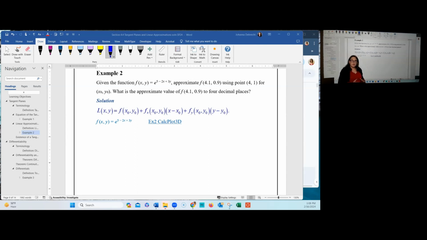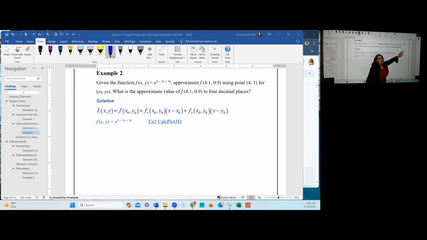And we're asked to approximate the value of the function on the surface at 4.1, 0.9 by using the tangent plane at the point 4, 1 instead. And we want to find what the approximate value of the function is by using the value on the tangent plane instead.